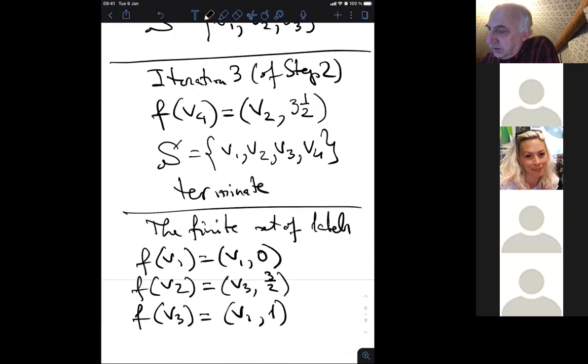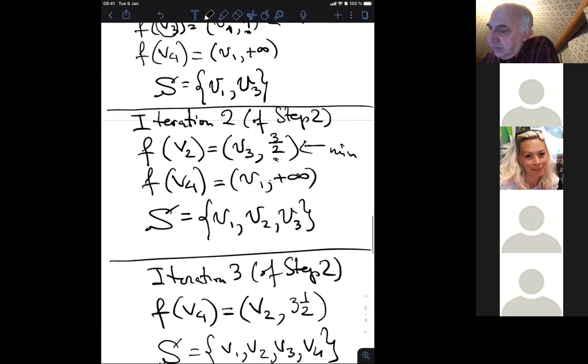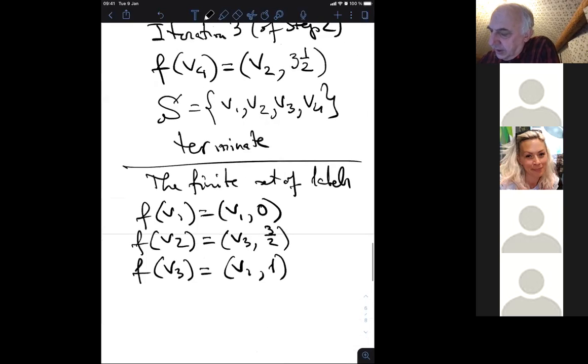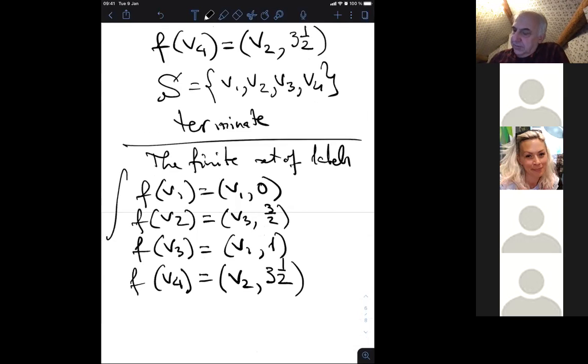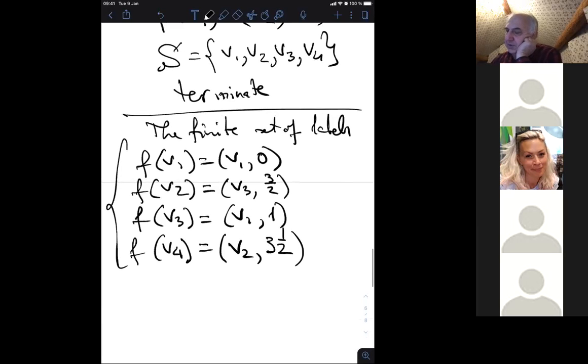And finally, f of v4 is v2, 3.5. Okay, now from this set of labels, I also know how to create shortest paths between all my vertices, because I can read it off.